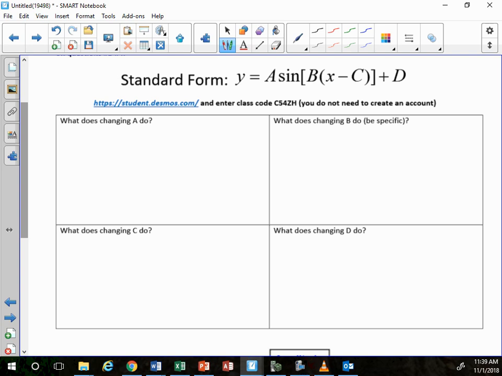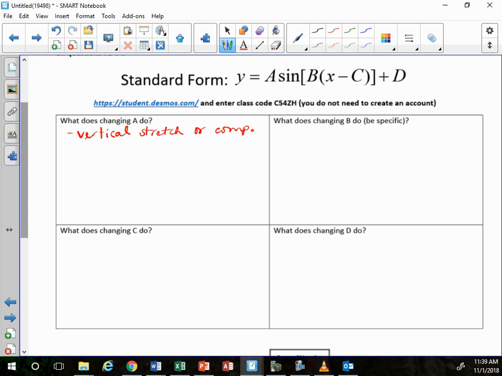Okay. So this just got a lot more complicated looking than the parent equation, right? But a lot of it you know. Let's think about when you graph. If you have a coefficient in front, what does that tell you? Vertical stretch or compression, okay. So changing A is a vertical stretch or compression.